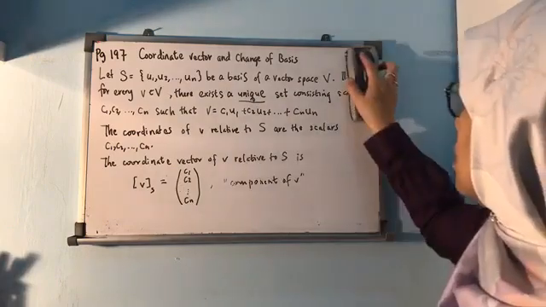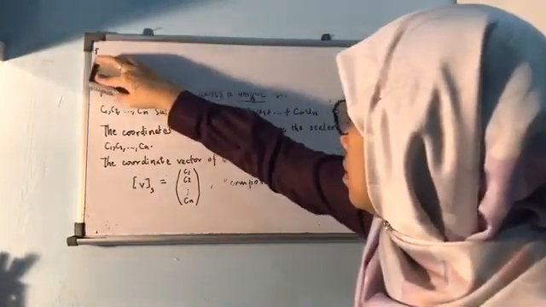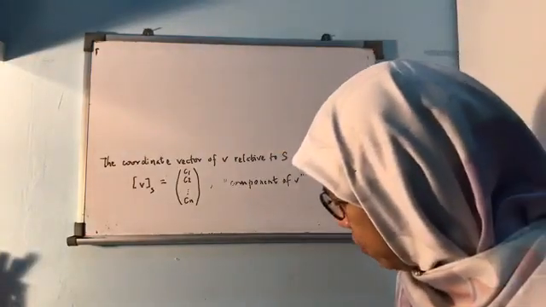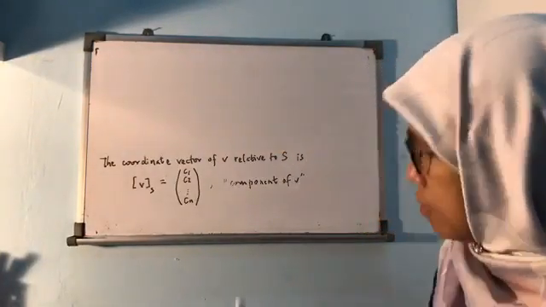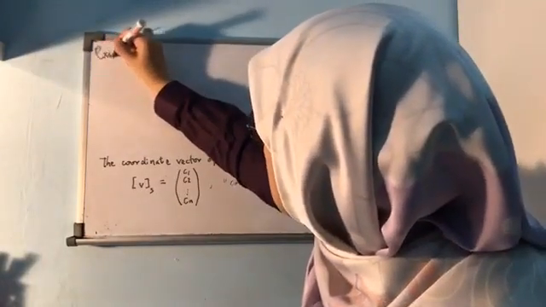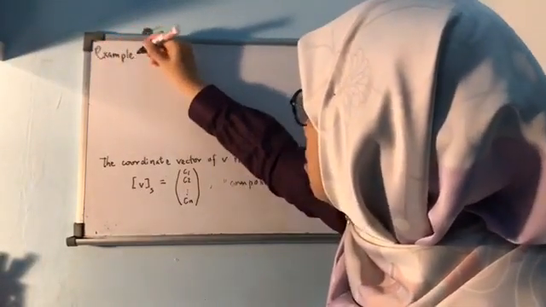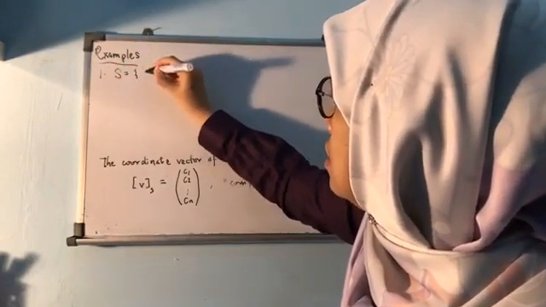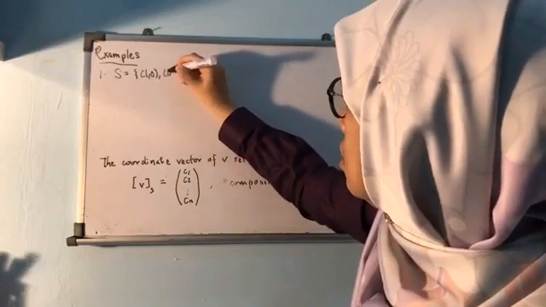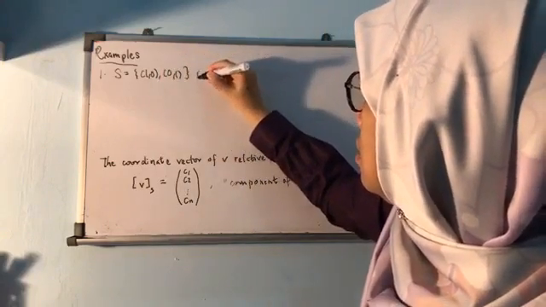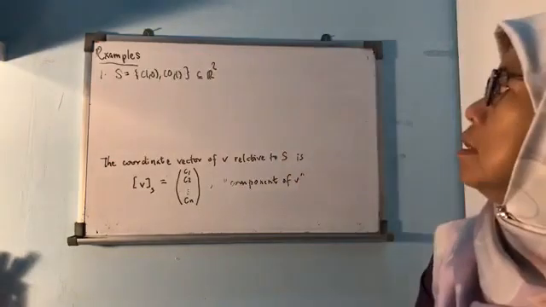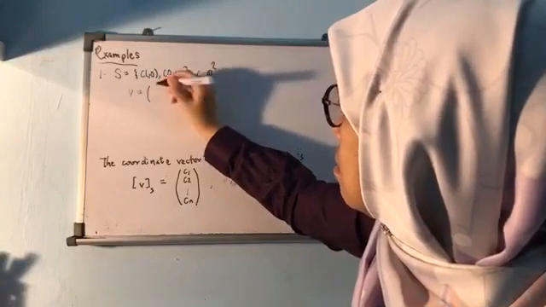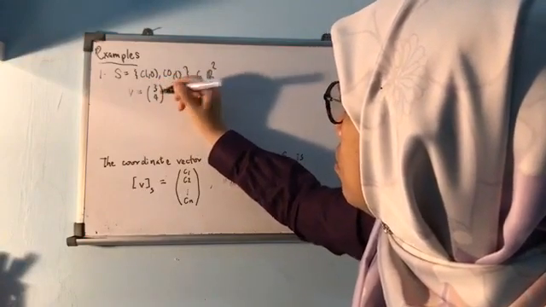If you have a standard basis like (1,0), (0,1) in R2, if you give any v like maybe (3,4), right?